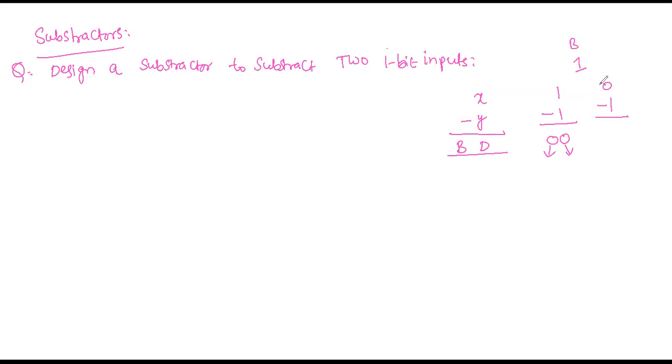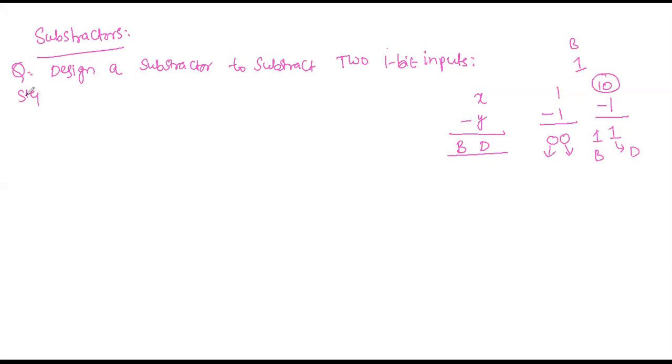We are taking one borrow, so 0 will become 10, which is decimal equivalent 2. 2 minus 1 is 1. 1 is the difference, and the borrow value is 1, since you have taken one borrow. So when you are doing two 1-bit input subtraction, the output of the circuit is also 2 bits. One is borrow, one is difference.